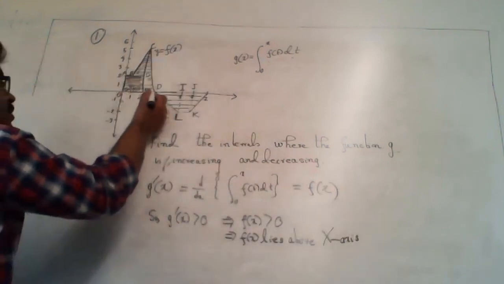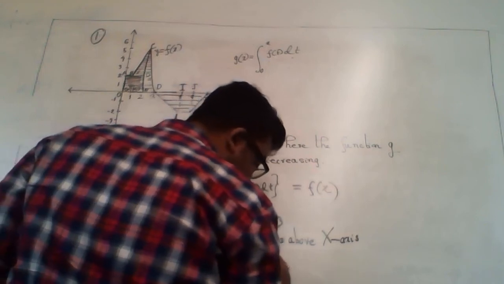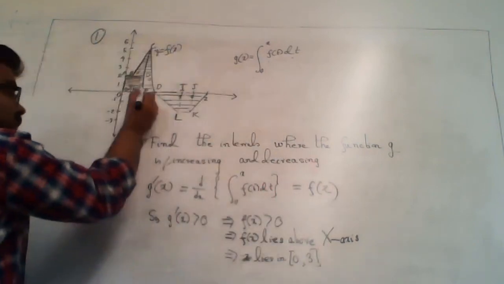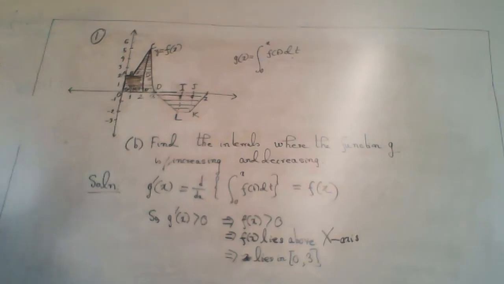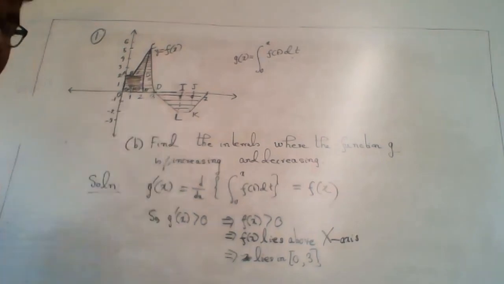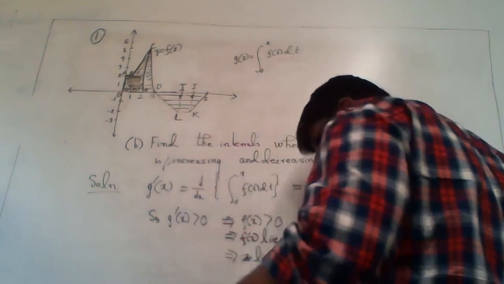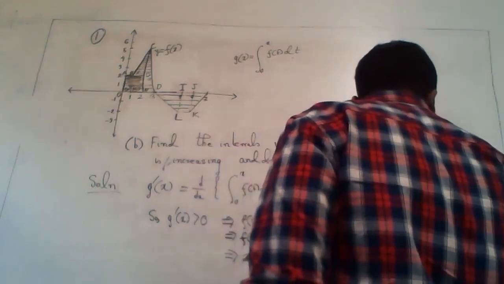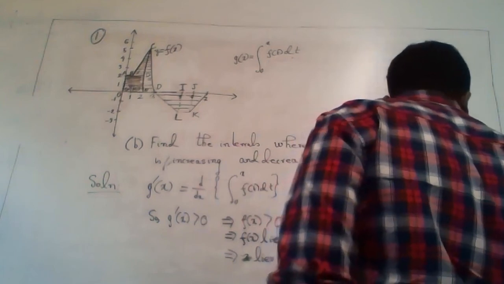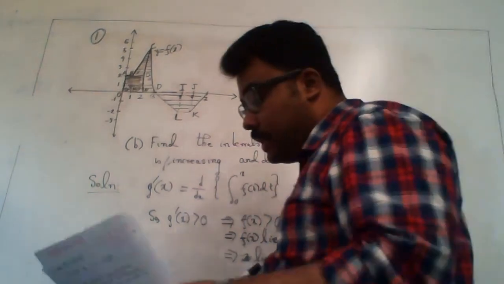In the interval 0 to 3, that is x lies in (0, 3). So the derivative of the function g is positive in the interval 0 to 3. So we'll write: g of x is increasing in (0, 3). Now the next part is, where is the function decreasing?